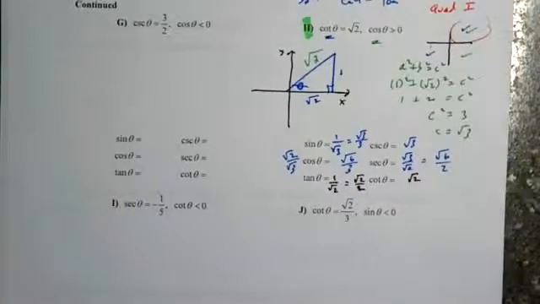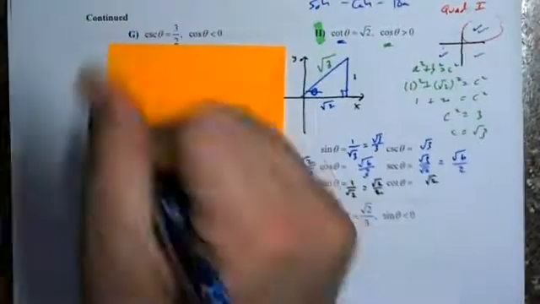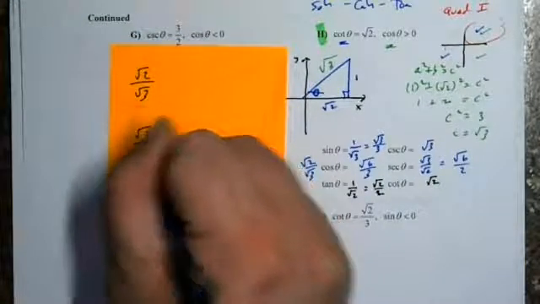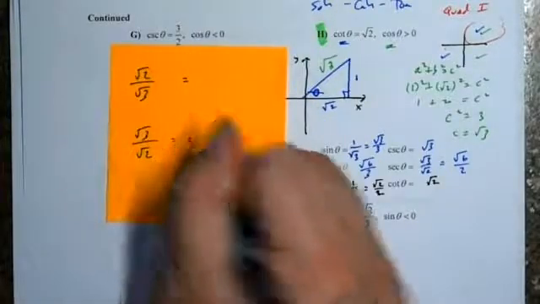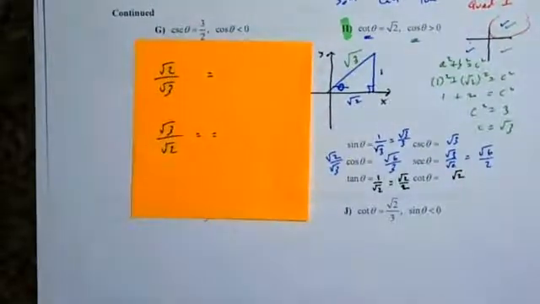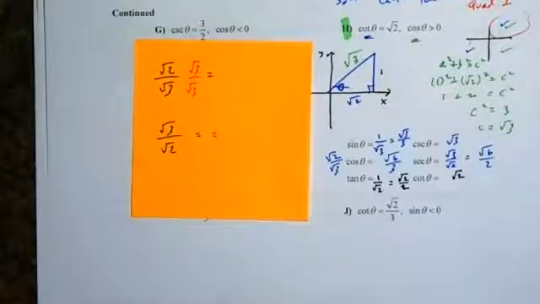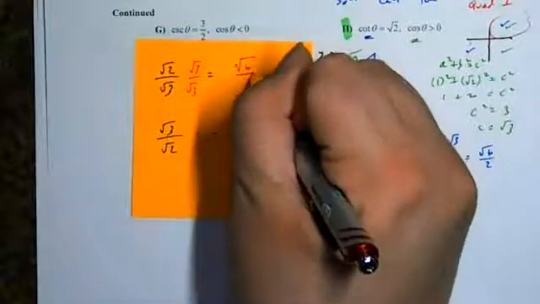Let me show you that real quick. So I have the square root of 2 over the square root of 3 for cosine, and the square root of 3 over the square root of 2 for secant. To rationalize here, I'd multiply by square root of 3 over square root of 3, and that would give me the square root of 6 over 3.